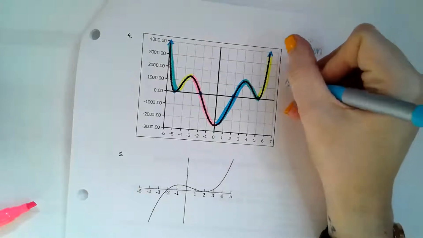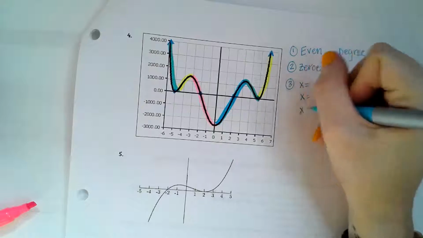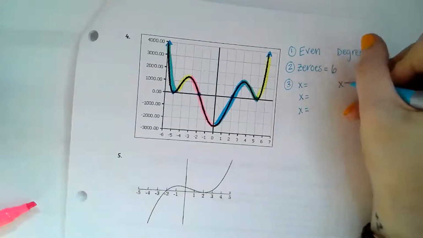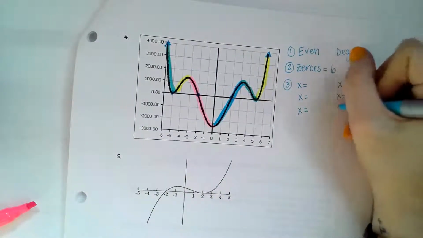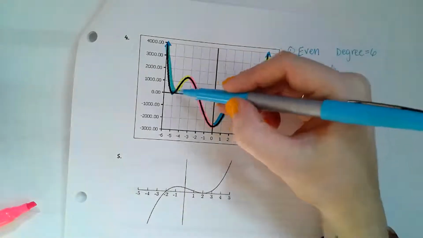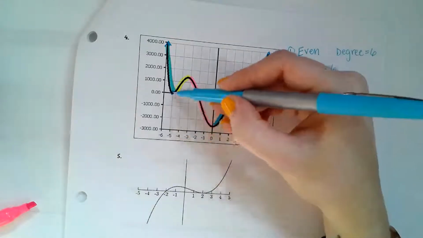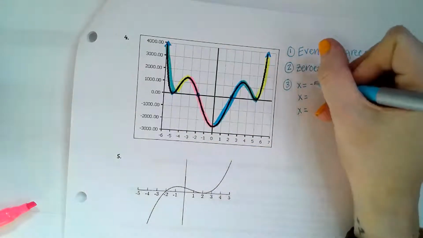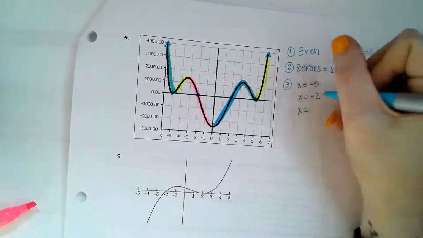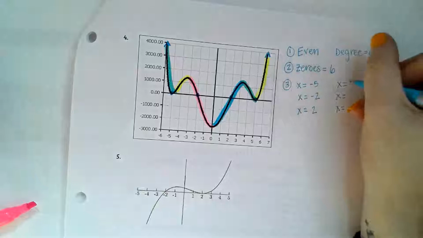So let's 1, 2, 3, 4, 5, and 6. So let's list out those 4. So this is at 1, so at -5, at -2, at 2, and at 5.